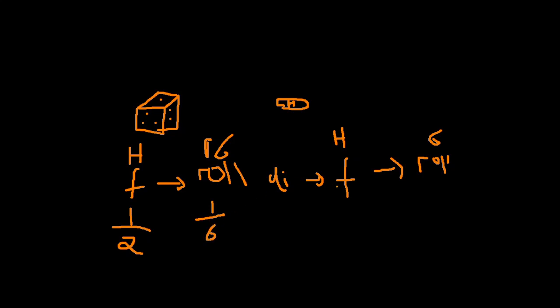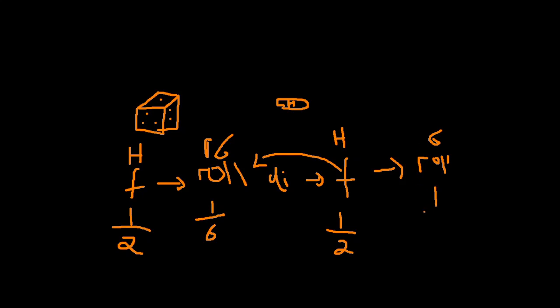Now, when I flip the coin again, just because I rolled the dice, the probability of me getting heads has not changed, right? It hasn't changed at all. It's still 1 over 2. And conversely, the probability of me getting a 6 when I roll the dice again is still the same thing. Even if I got tails here, this does not change.